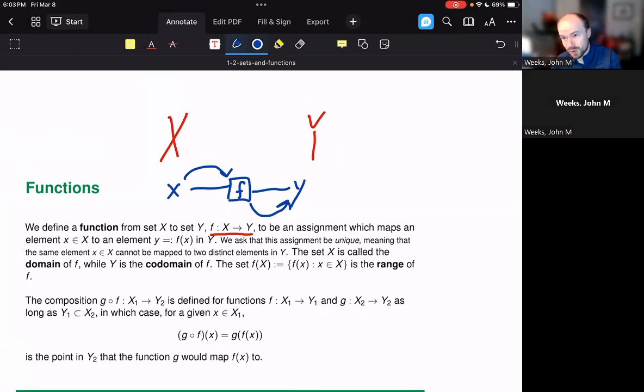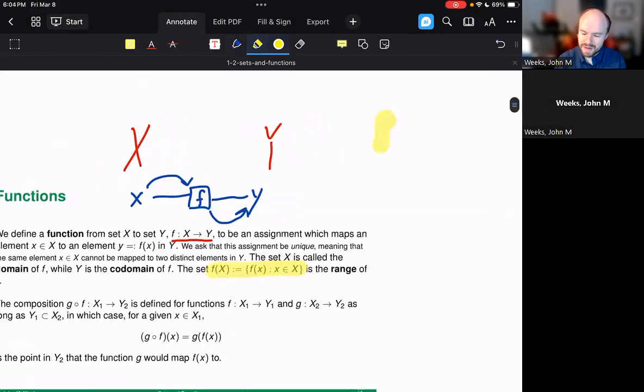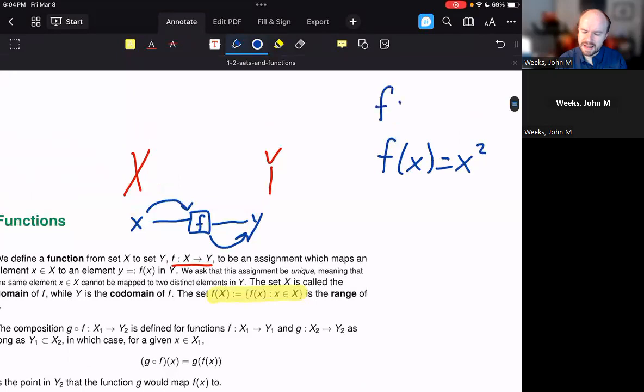Some of you may have heard this called the range, but I'll be calling the range something slightly different. I'm going to say that it's the set of all of the elements that actually are y values for the function. Let me give you an example in terms of f of x equals x squared. I might write this function as a function from R to R, that has a domain of the real numbers and a codomain of the real numbers.